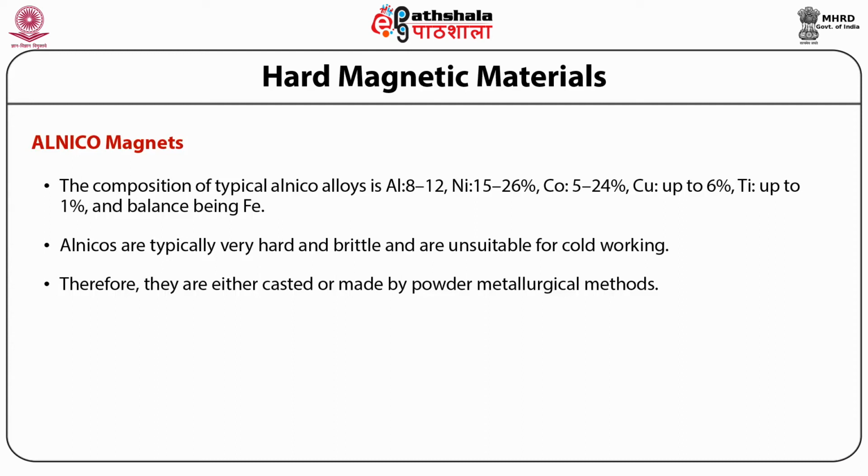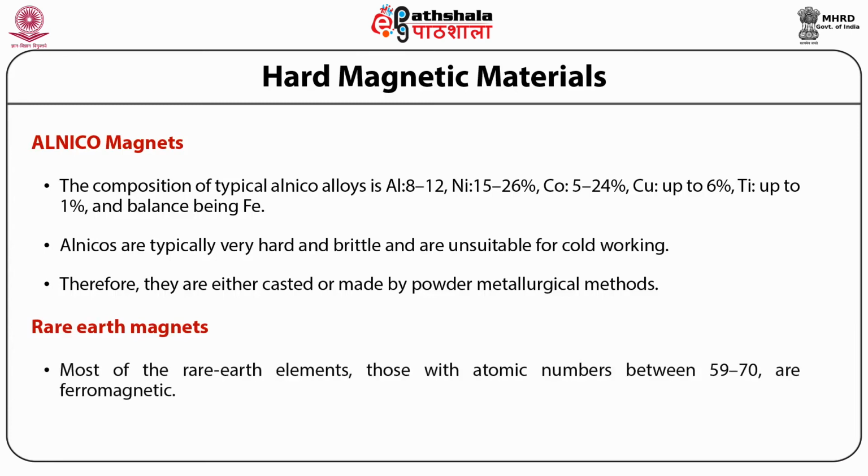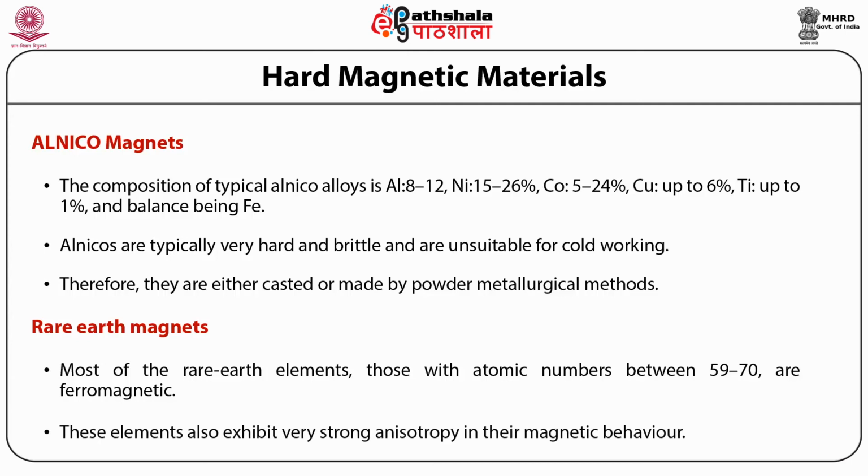The next type of hard magnetic material are the rare earth magnets. Most of the rare earth elements, those with atomic numbers between 59 and 70, are ferromagnetic. These elements also exhibit very strong anisotropy in their magnetic behavior.